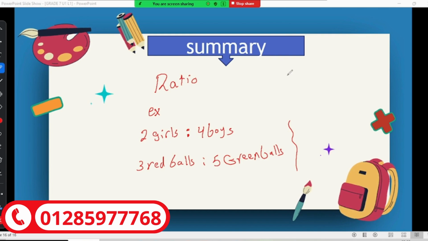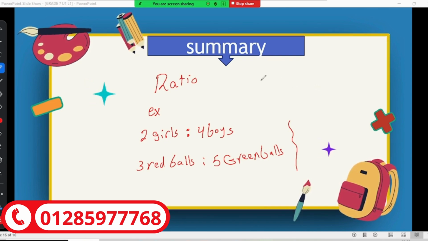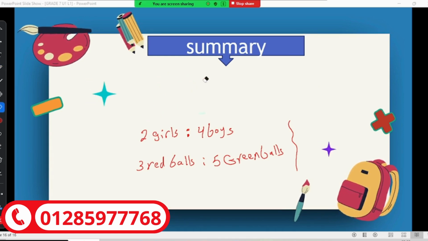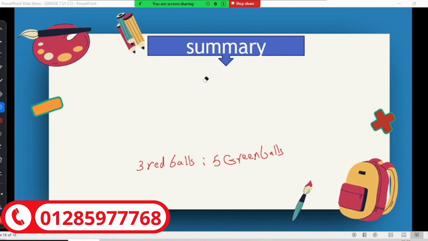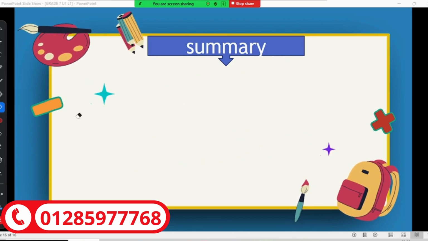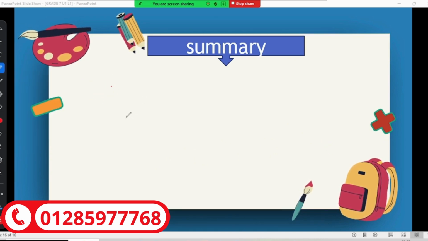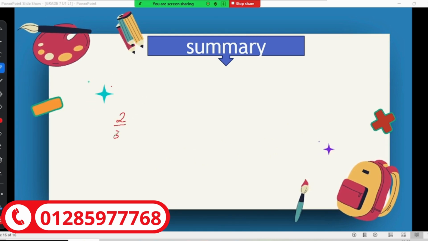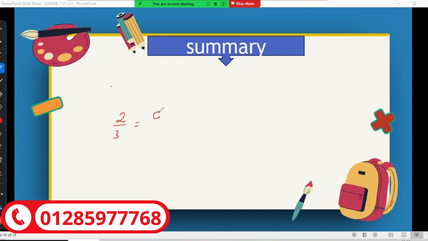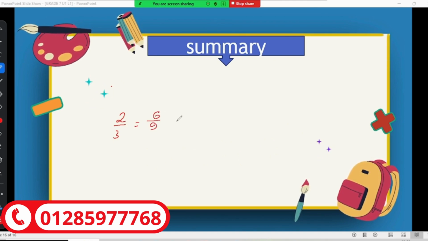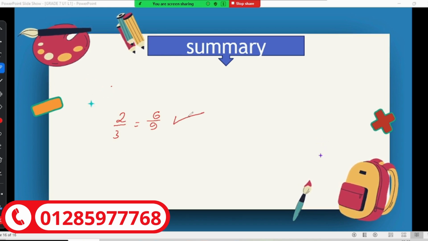And we have proportion. The definition of proportion: proportion is the equality of two ratios or two rates. For example, we have 2 over 3 equivalent to 6 over 9. They are proportional.